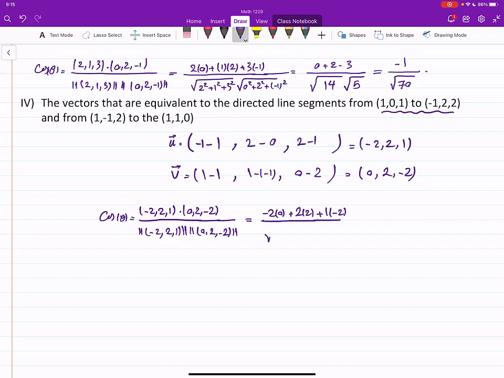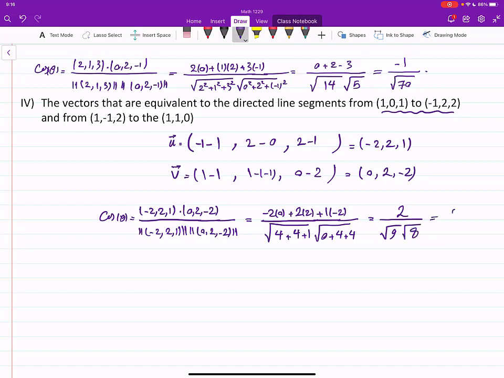And for the lengths of the vectors, we have (-2) squared is 4, 2 squared is 4, and 1 squared is 1. 0 squared is 0, 2 squared is 4, and (-2) squared is 4. So this way we have 0, then 4 minus 2. This will be 2, and then root 9 and root 8.